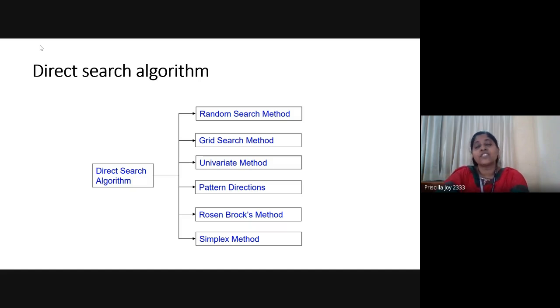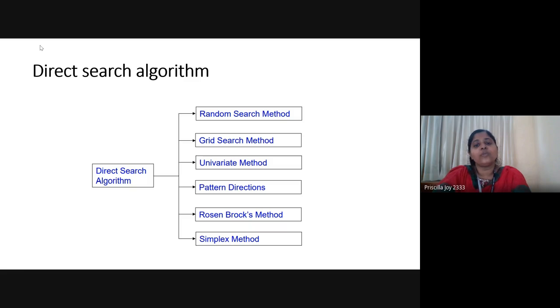The next one is the simplex method. It is a conventional direct search algorithm, and the best solution lies on the vertices of a geometric figure in n-dimensional space, made of n plus 1 points.